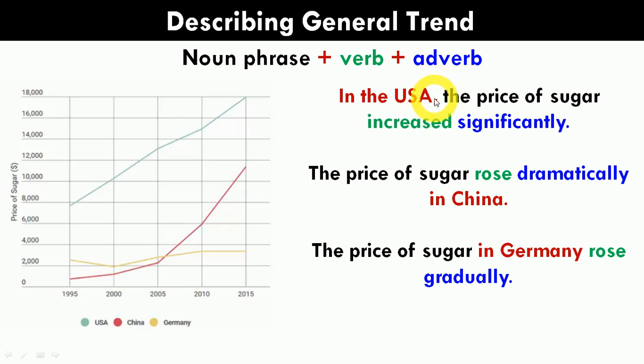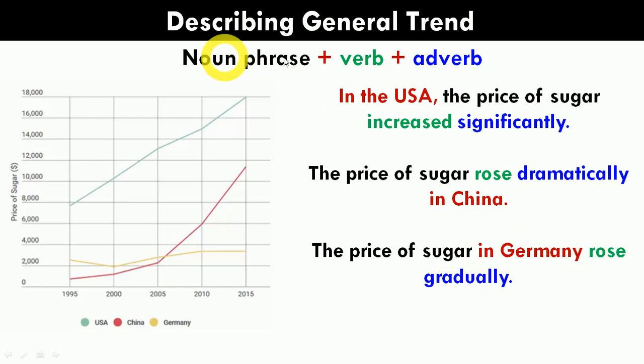Comma is really important. In the USA, the price of sugar increased significantly. Okay, second, the price of sugar rose dramatically in China. So we have put the name of country at last. And another option is the price of sugar in Germany rose gradually.